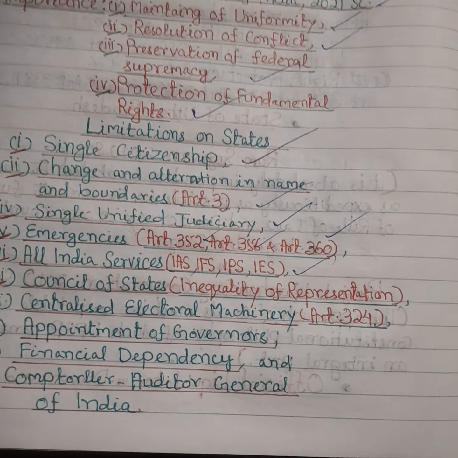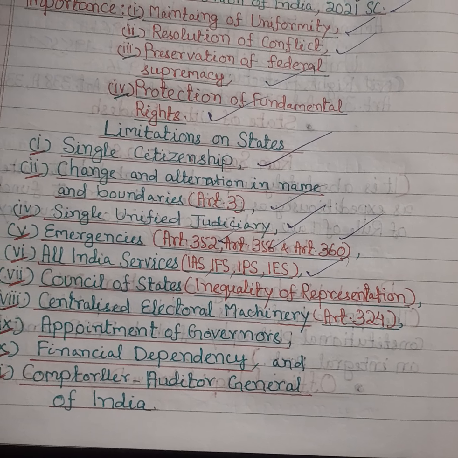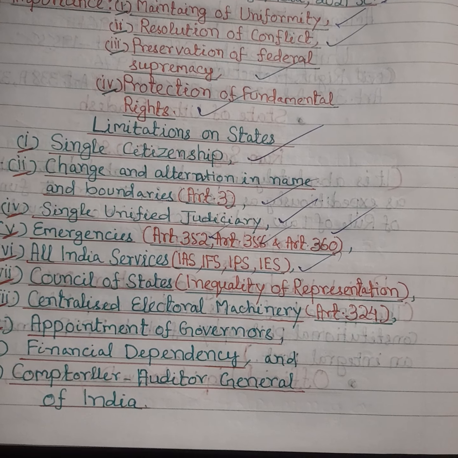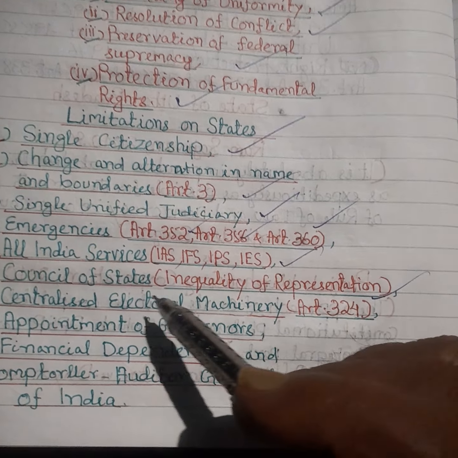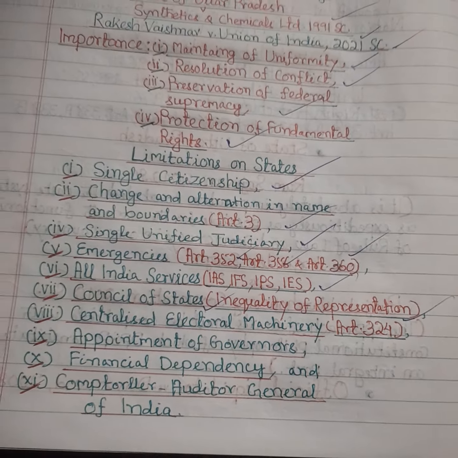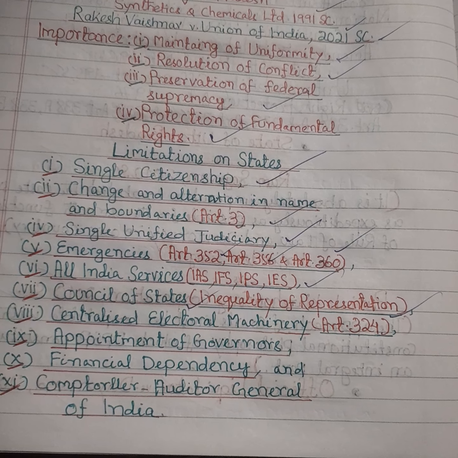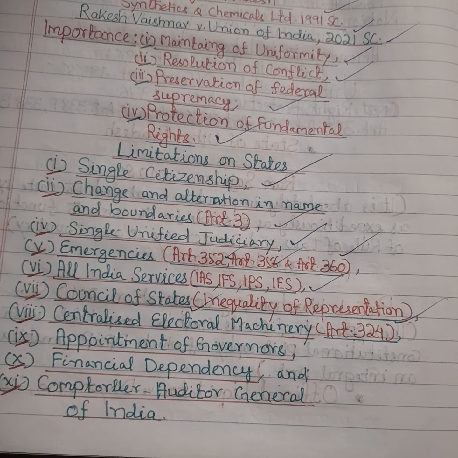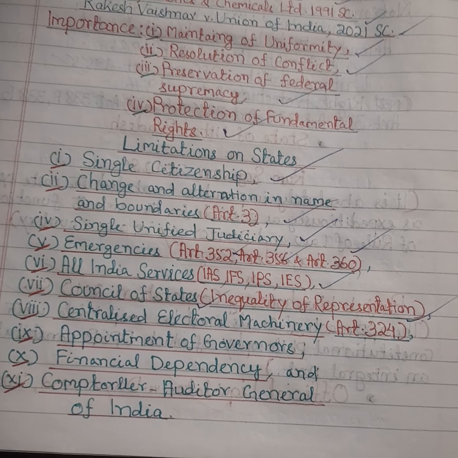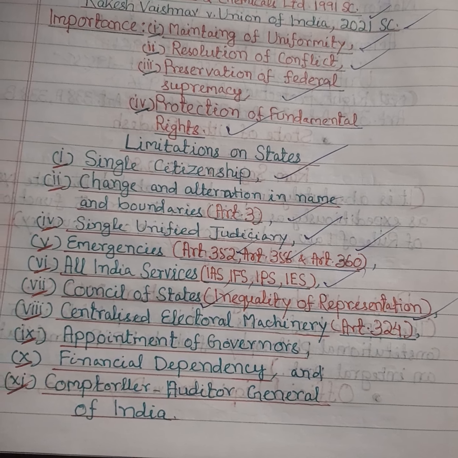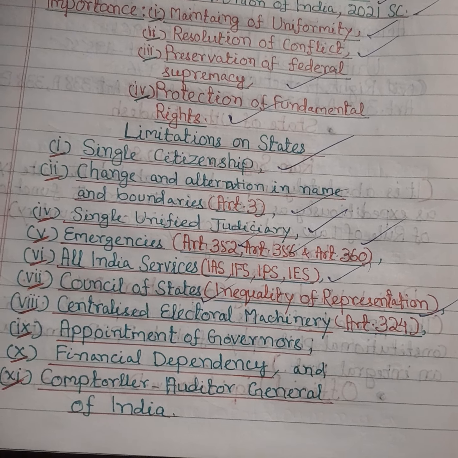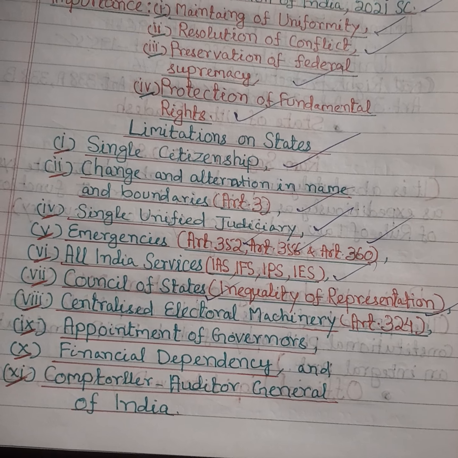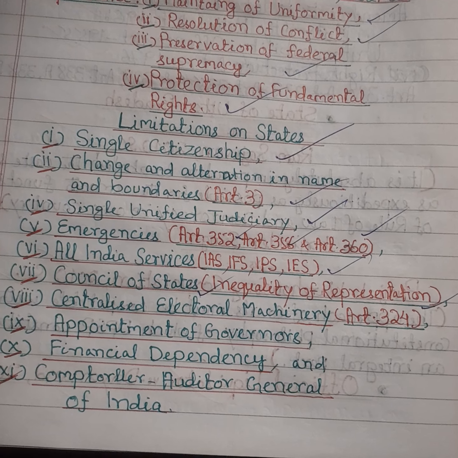And now we'll go to another important aspect, and that is relating to inequality of representation in the Council of States, or the upper house, or the Rajya Sabha. So the states of India have not been given equal representation, although India has bicameralism.